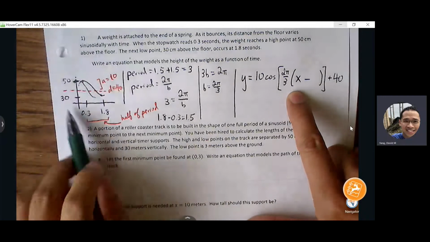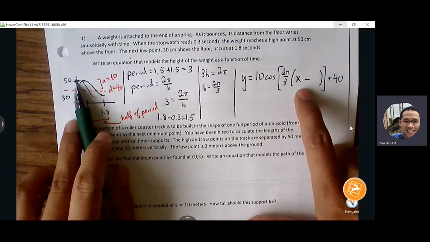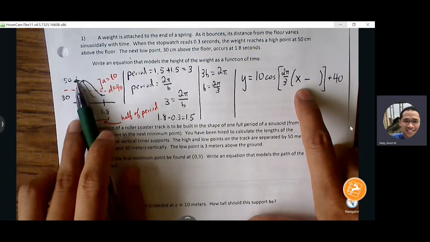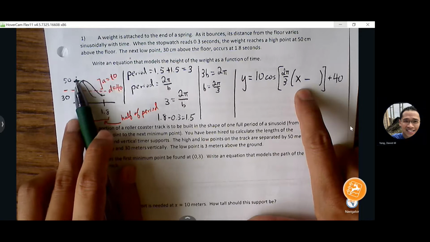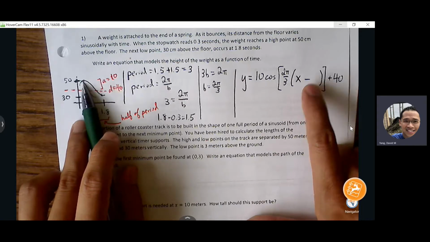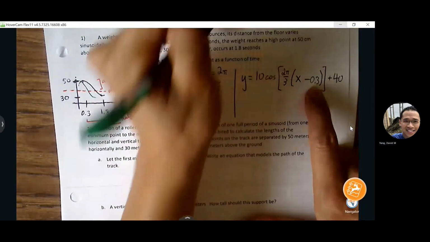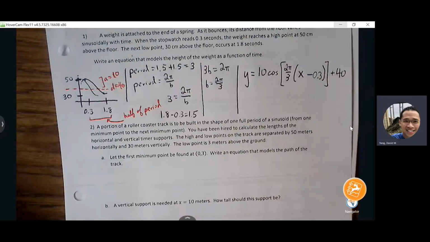It looks more like that. But I want this graph to shift so that it'll land in the graph that I want it to land. So that means I want to shift it 0.3, which will allow that 0, 50 to move to 0.3, 50. Are we good with that shift there? Okay, good. That's our equation.